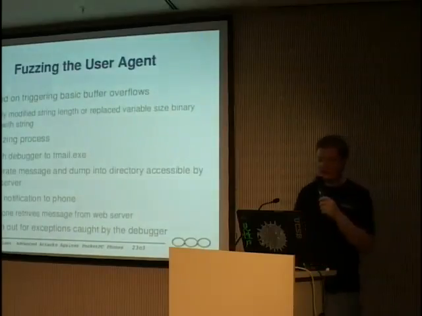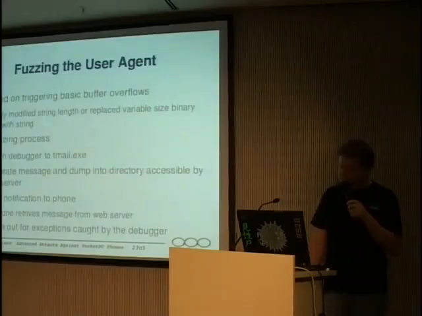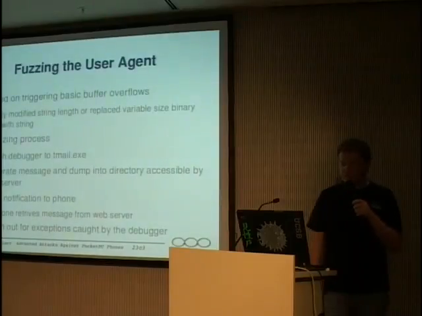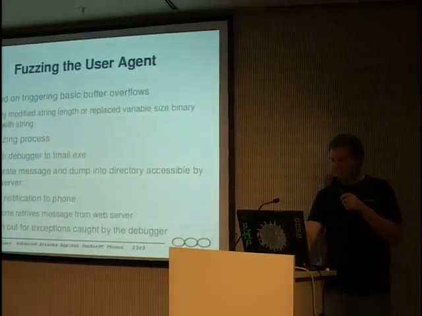Then attach the Windows Embedded Visual C debugger to the target, and then just send a message. After each UDP message, the device gets the message, and hopefully at some point the debugger will say, oh, exception. And if you get the exception, there it is.